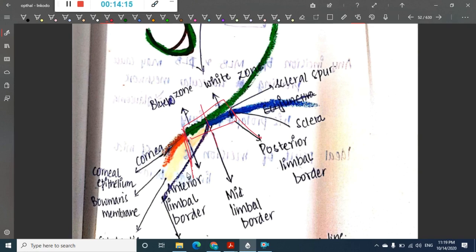Between the anterior limbal border and mid limbal border, we have the blue zone. Whereas between the mid limbal border and posterior limbal border, we have the white zone.